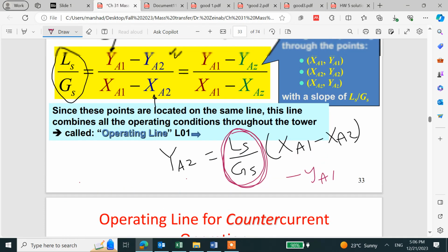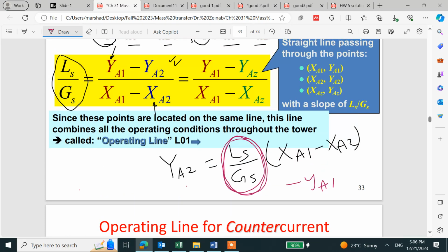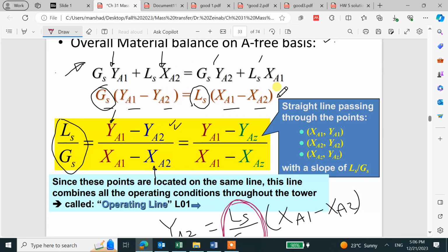Okay, so using this equation we can find one of them. If XA2 is known, we can find XA1. YA1 and YA2 will be known because we want to know how much absorption we want.